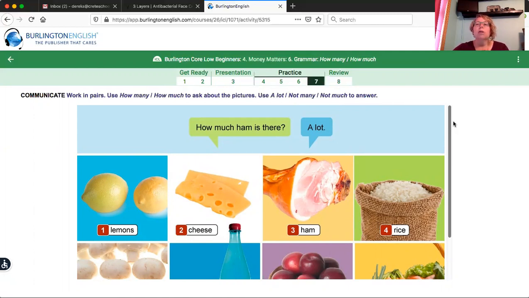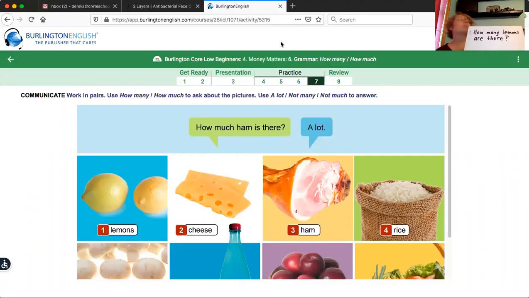So escribir correcto pregunta por cada pictura, por cada comida. So for example, if we are looking at lemons, are you going to write how many lemons or how much lemons? That is the question that you're going to be wanting to answer there. Okay, think for a minute. And then I'm going to show you the correct answer so you understand how to record it.